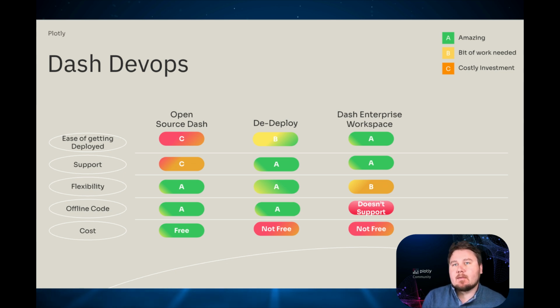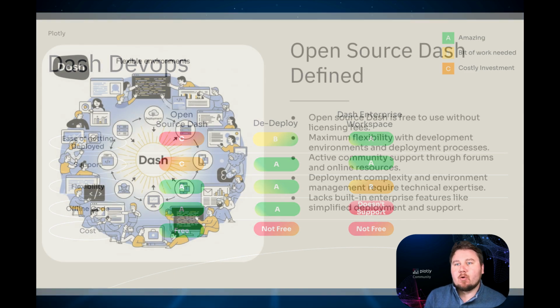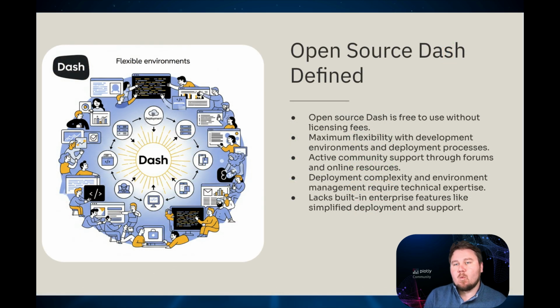There are 3 options that an individual can take to set up DevOps within Dash. They can go through an open source option where they have to set up and configure their server themselves. They have to pick the tools that are going to be used in the DevOps process themselves, and it is the most complex option available.